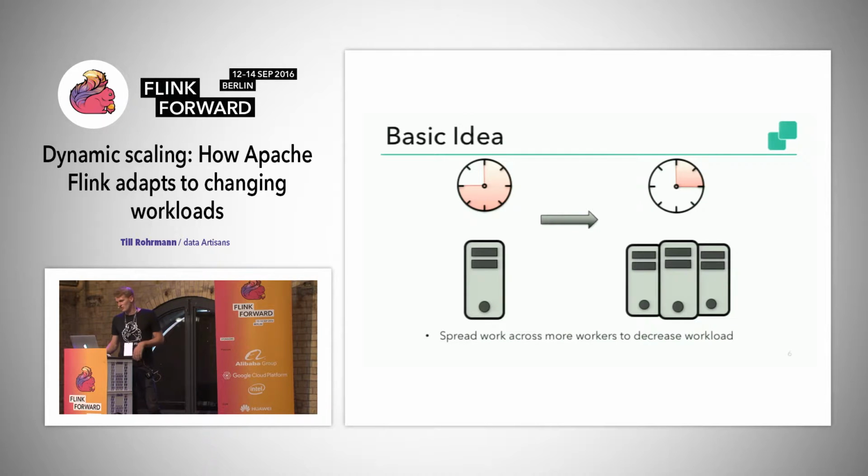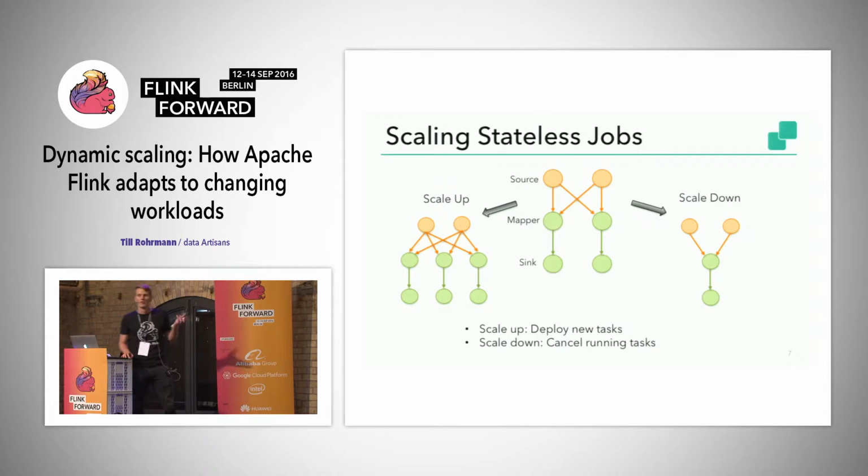So in the context of Flink, where you have a topology of operators which are executed in parallel by instantiating tasks which are distributed on the set of available machines, scaling up and down means to instantiate new subtasks or kill subtasks.